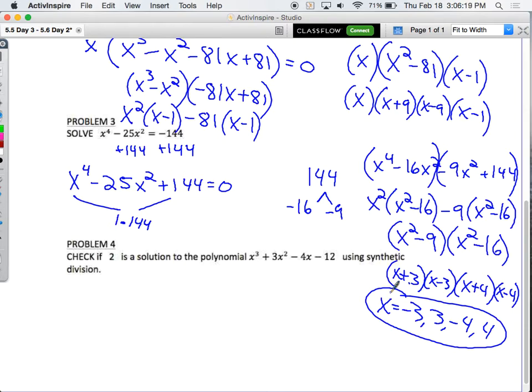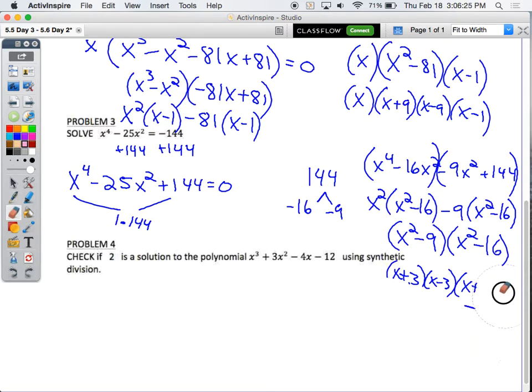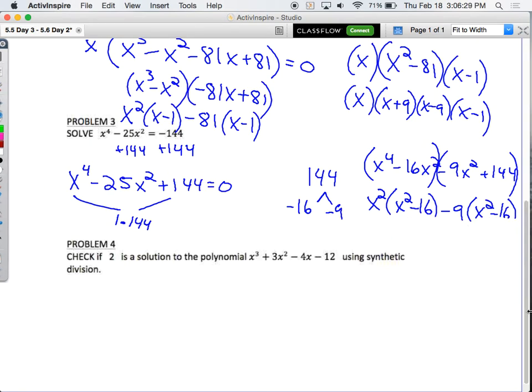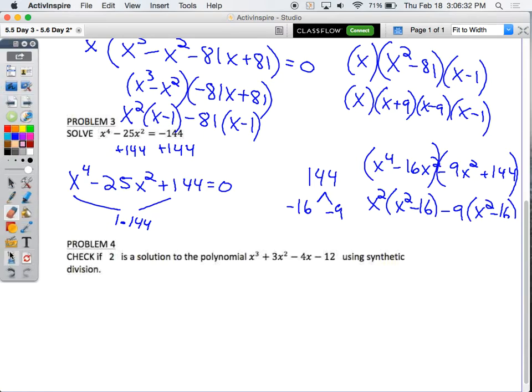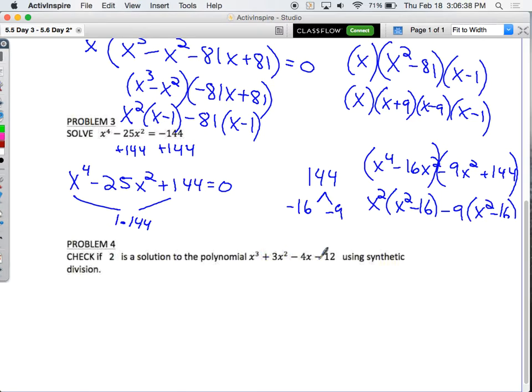All right, last one, problem 4, says check if 2 is a solution using synthetic division. So clear out some space here. So first thing we need to do is put in placeholders if we have any missing terms. However, we have the cube, the squared, the x by itself, and the number by itself, so we don't need any placeholders. So we're just going to write the coefficients of each term.